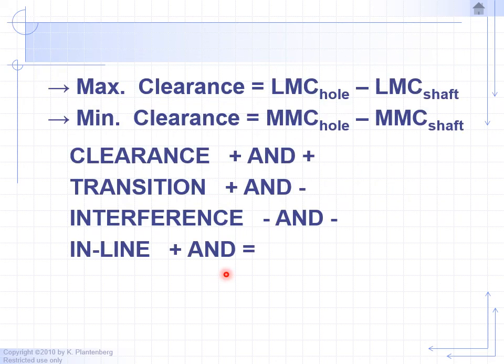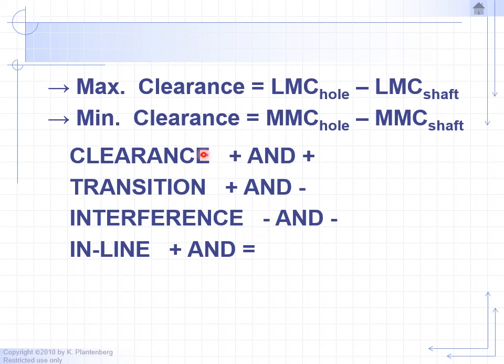And just a quick review, to calculate maximum clearance, you take the large hole minus the little shaft. Minimum clearance is little hole minus the large shaft. If you end up with 2 positives, positive max, positive min, then it's clearance. If you end up with the positive max, negative minimum, then it's a transition.